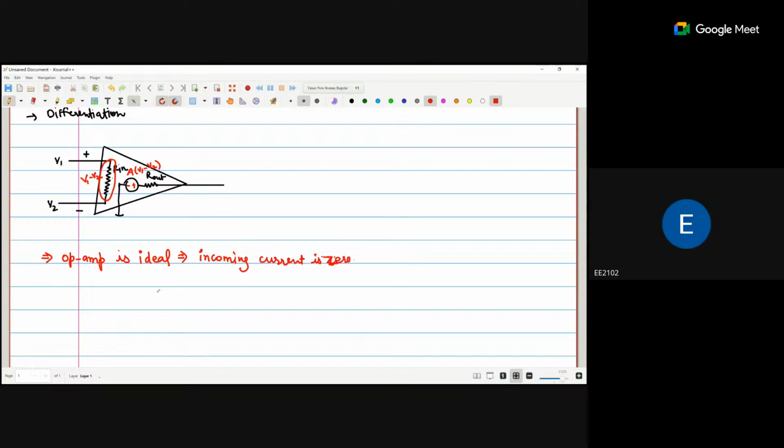Incoming current is zero. That means the current here will be I equal to zero. So what is the value of I? The I is nothing but (V1 minus V2) by R.